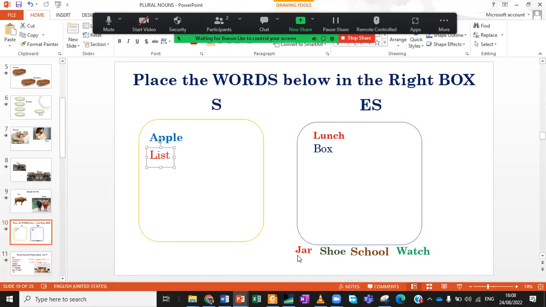Jar is S. Jars. Shoe is ES. Shoes. Sorry, shoe is just S, because it has an E already. Yes, exactly. Two to go.